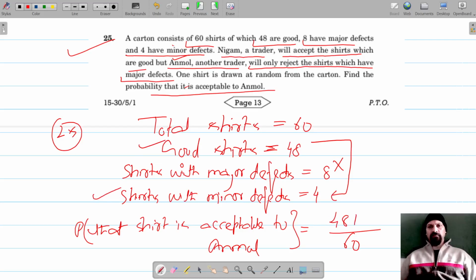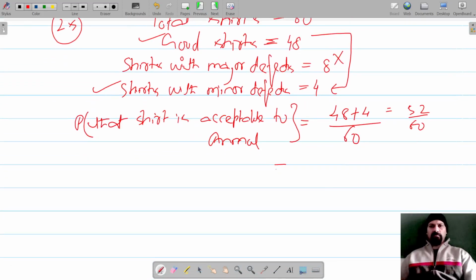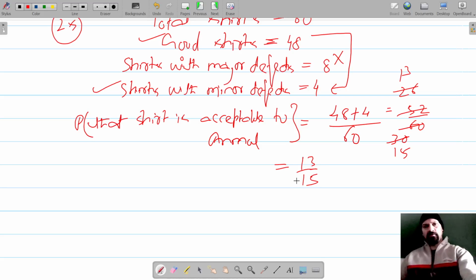So he's going to accept 48 plus 4 shirts, which is equal to 52 by 60. And 52 by 60 means 26 by 30, which is 13 by 15. So the probability is 13 by 15 that the shirts are acceptable to Anmol.